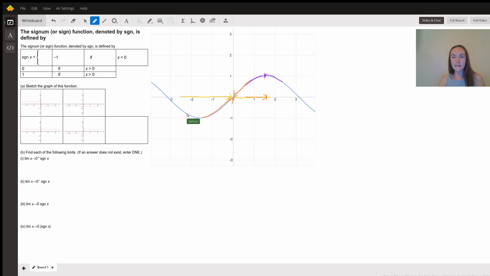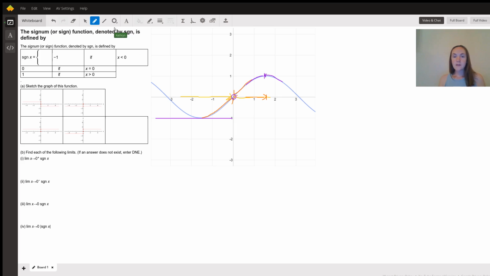Anytime x is less than 0, that's over here, then this function is going to equal -1. So it's like that, but not at 0. You can see I left a little spot there. The sign of x is defined to equal 0 if x equals 0. So we'll put a little circle right here.